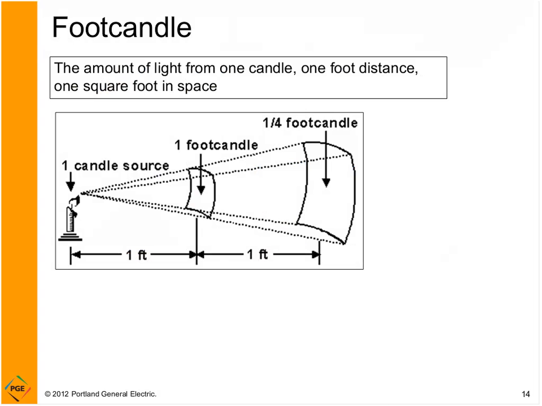So foot candles represent the average amount of light spread over a work plane surface. So it's the amount of light from one candle, 1 foot distance, 1 square foot in space. One thing you're going to notice here, in this example, as you get twice as far away, 2 feet instead of 1 foot, instead of having a half a foot candle, you have a quarter of a foot candle.